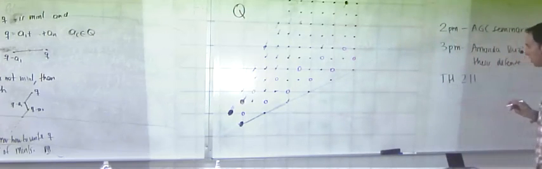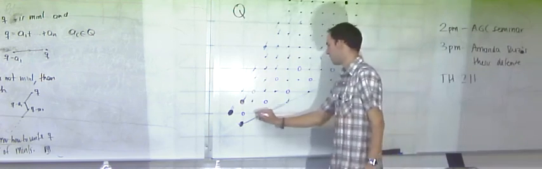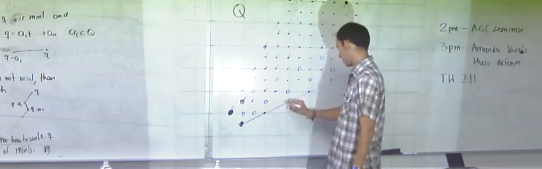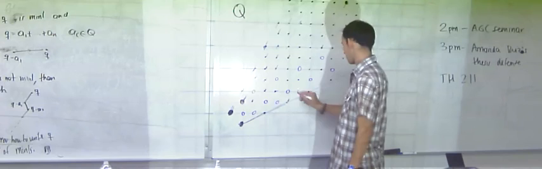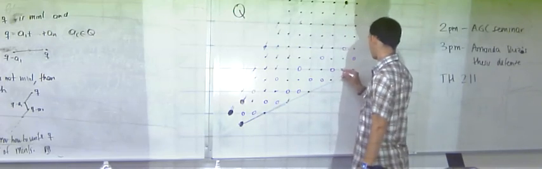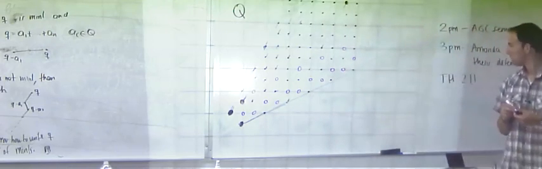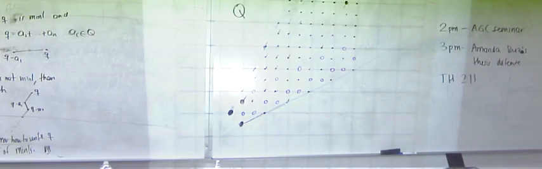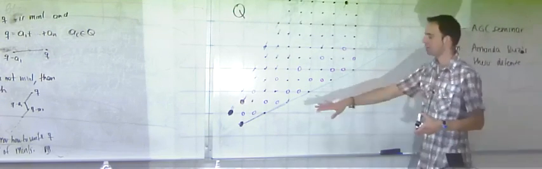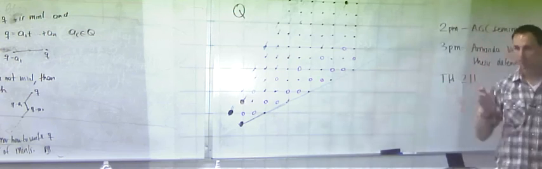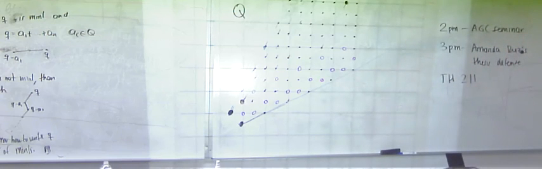Is that it? There's one more, right? This line is missing. Okay. And they're all parallel, and actually they're all parallel to the extreme ray. Okay. Is there anything else missing?